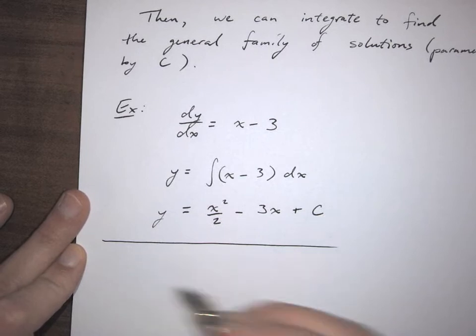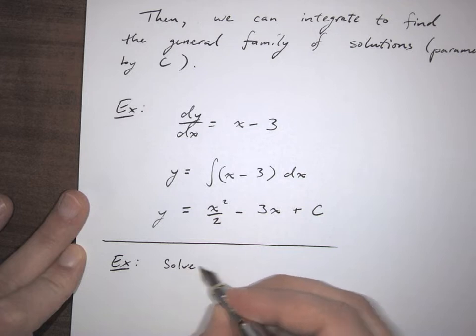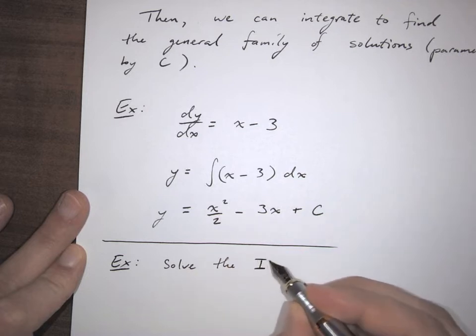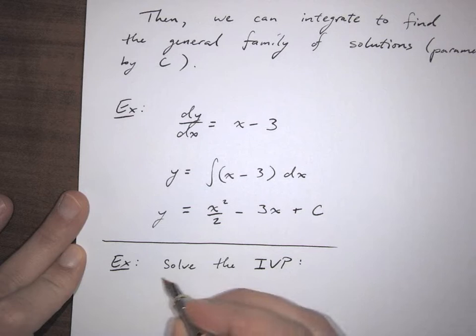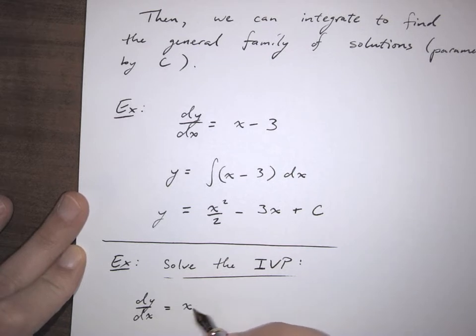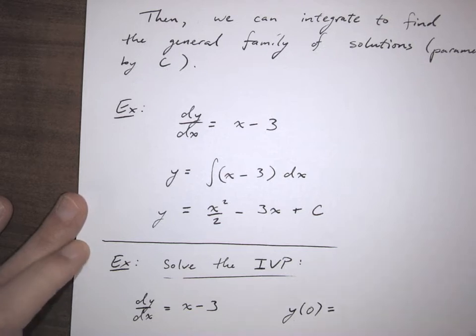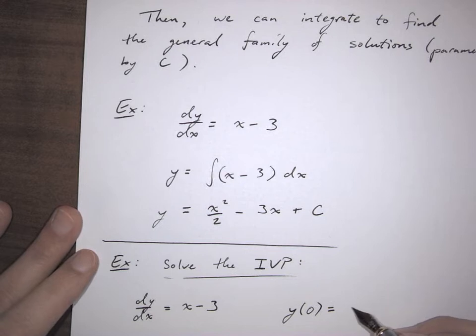So as an example, solve the initial value problem, and we'll once again just take as our starting place the same differential equation, dy/dx is equal to x minus 3, and now we're going to take as an initial value y of 0, or sometimes you might see it as y naught, also very common, equal to 7.